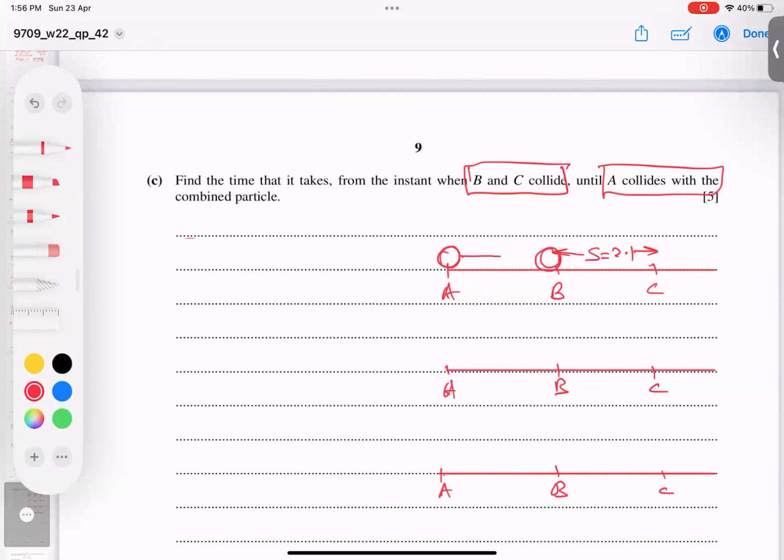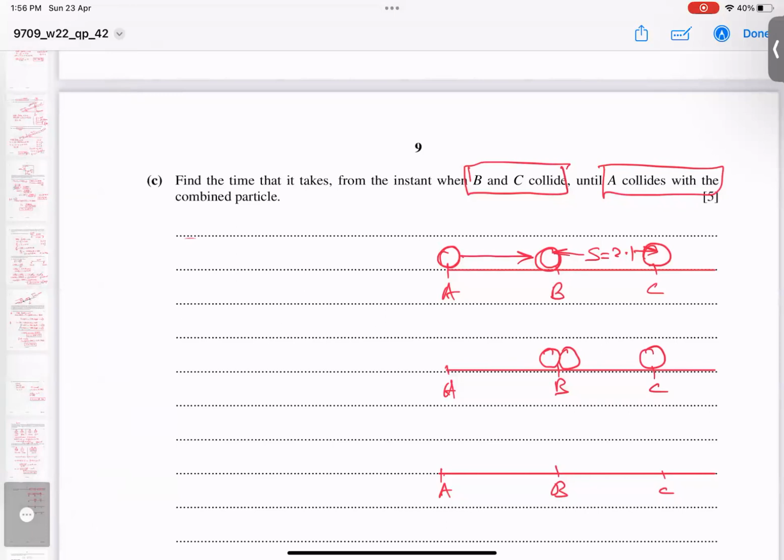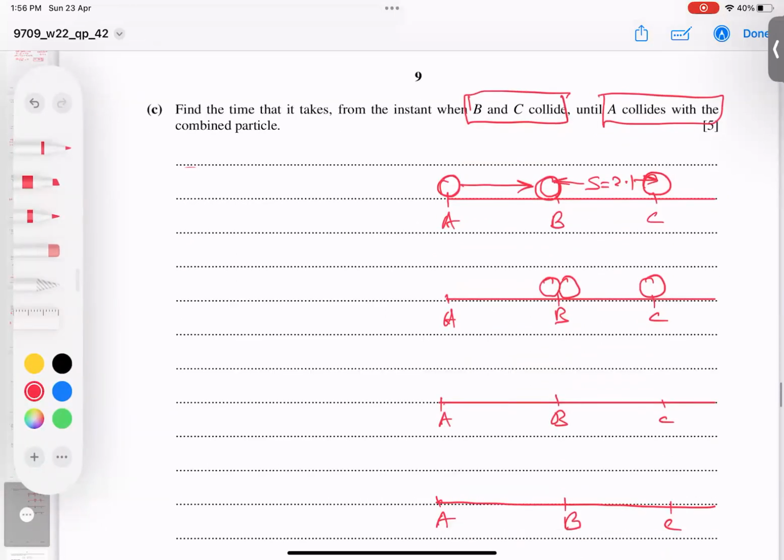It comes and hits. So when they collide, the stopwatch starts here. From here I will start counting, and then B will go there. C is still there, still not moving at all.